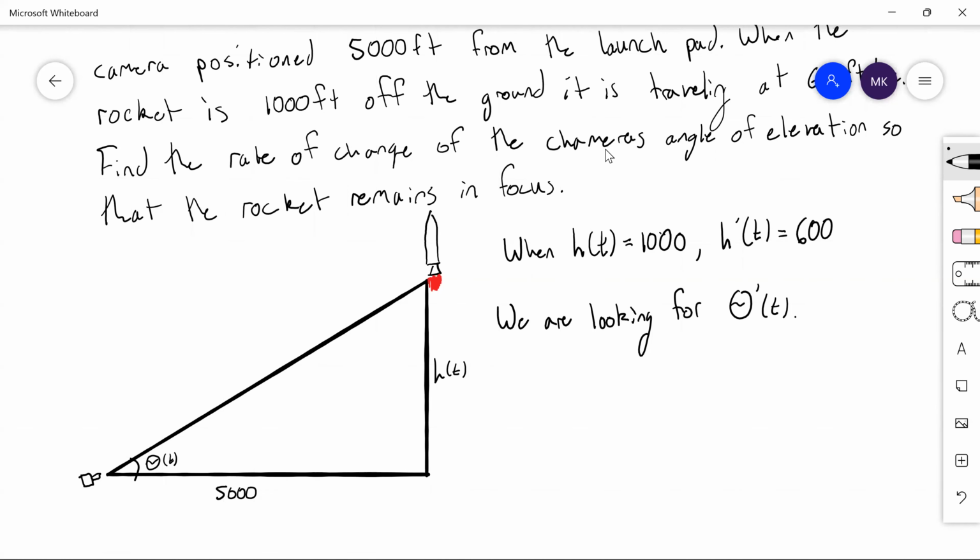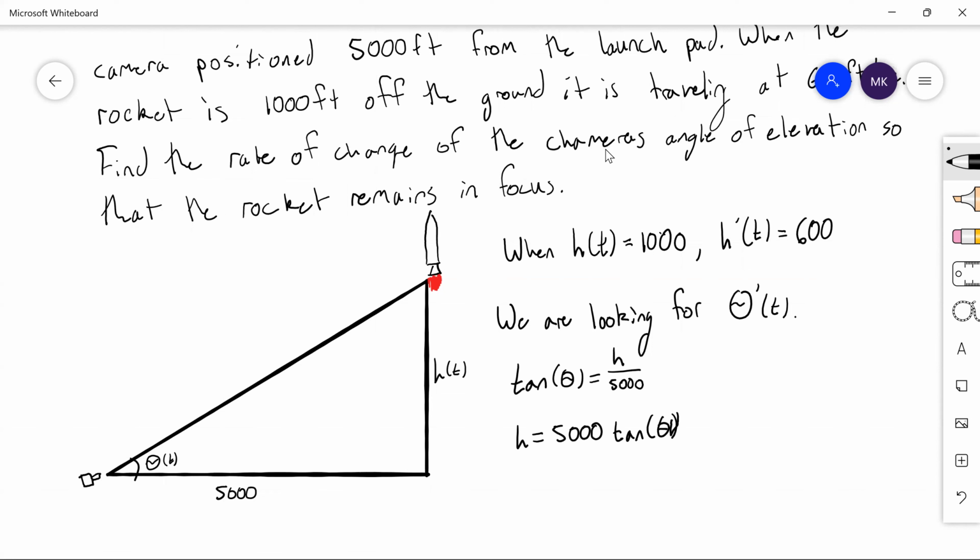Now, we can get very simply that tangent of theta is h over 5,000. So we could then say that h is equal to 5,000 tangent of theta.